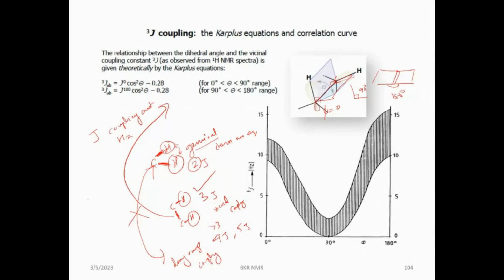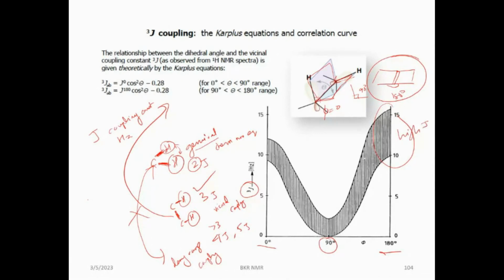So in the notebook, one side is one plane, the other side is the other plane, and the angle between the two planes is the dihedral angle. What Karplus found is that he plotted the coupling constant against the dihedral angle, from 0 to 180. When the dihedral angle is 180 degrees, you have a very high coupling constant.